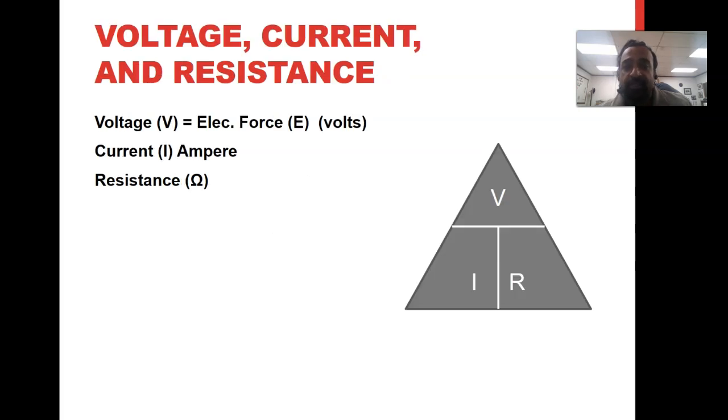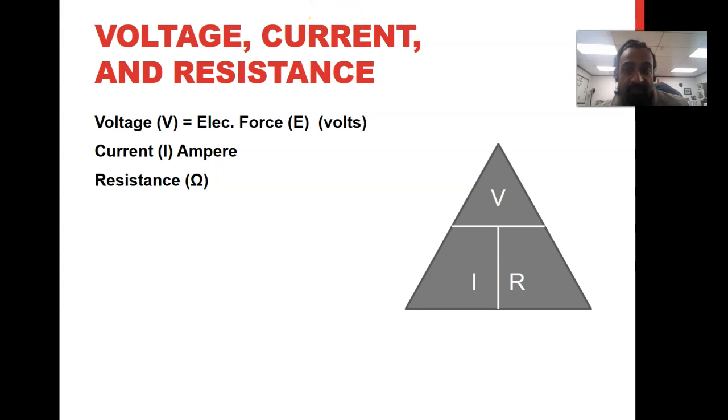Moving on, this is our electrical circuit basics, which is Ohm's law. Voltage equals amperage times resistance. We did a lot of examples about that. If we look here, let me get my pen.